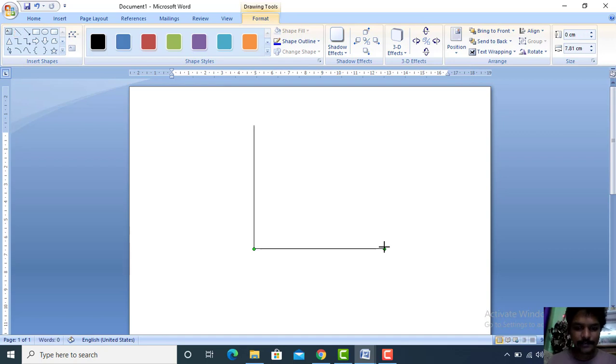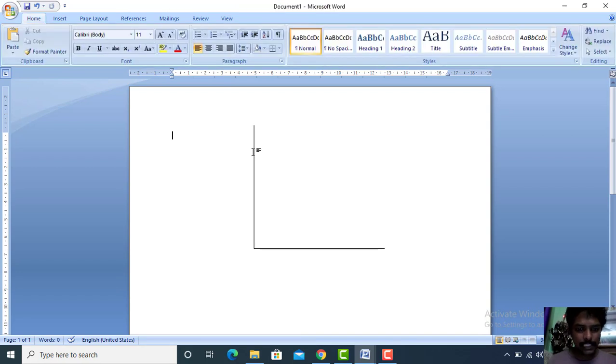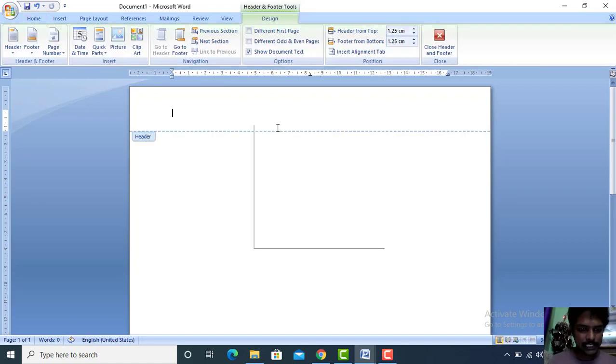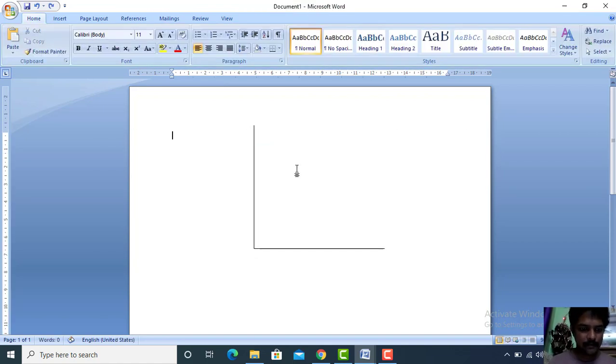The vertical axis gives you the azimuth angle, and the horizontal axis gives you the elevation angle.